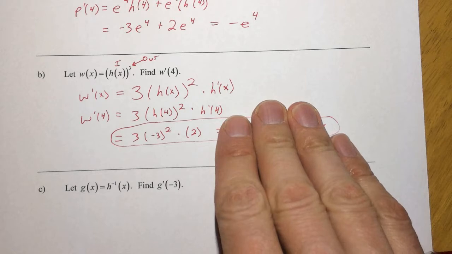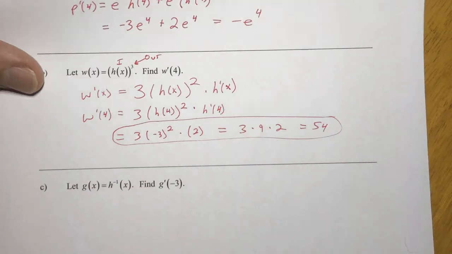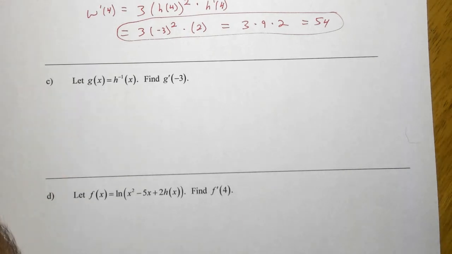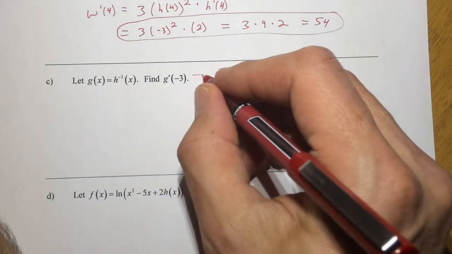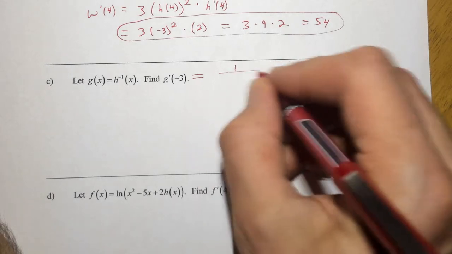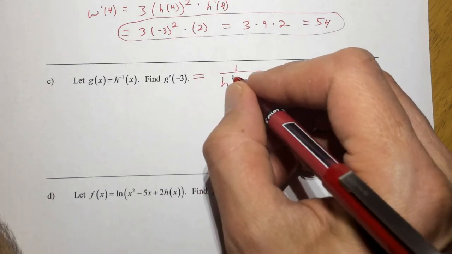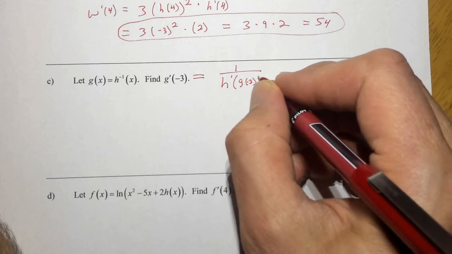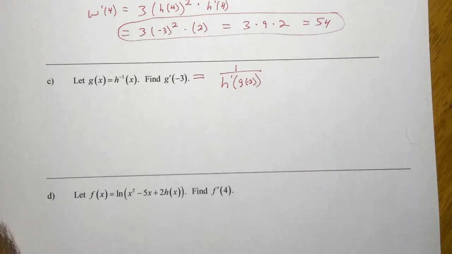Okay. All right, C. We see that g is equal to the inverse of h. All right, so we want g prime of 3. So that's going to be equal to 1 over h prime of g of negative 3. Okay, so what's happening here?